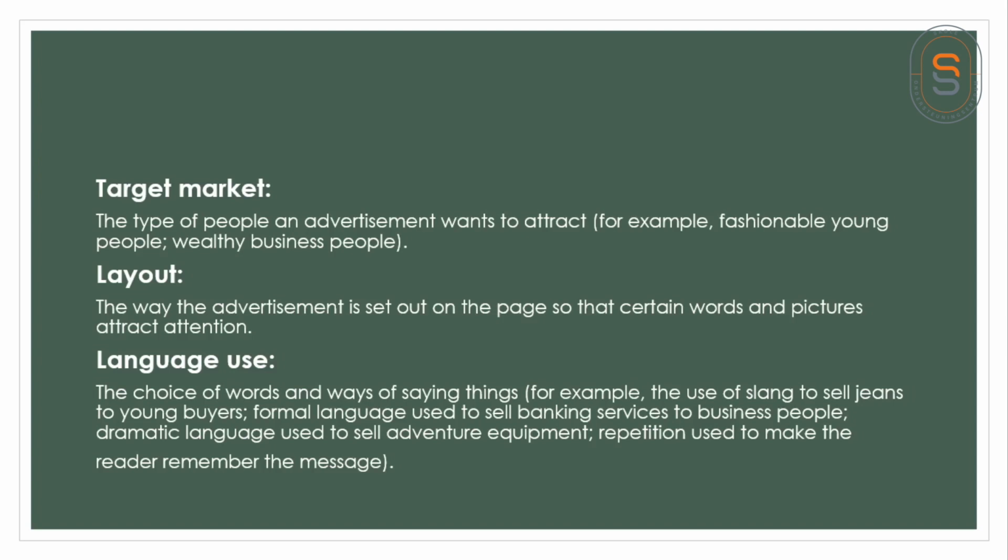For example, the use of slang to sell jeans to young buyers, formal language used to sell banking services to business people, dramatic language used to sell adventure equipment, repetition used to make the reader remember the message. Now, this is the same as the copy. It represents the words that they use in the advertisement.